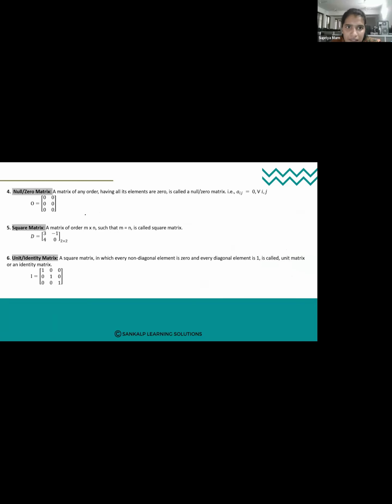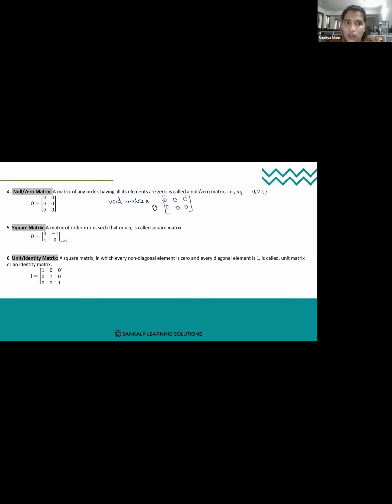Null matrix. What do you mean by null matrix? Null matrix, also known as void matrix, is a matrix in which each and every entry is 0. All the entries of a null matrix are always 0. 0, 0, 0, 0, 0, 0 is an example for a null matrix.